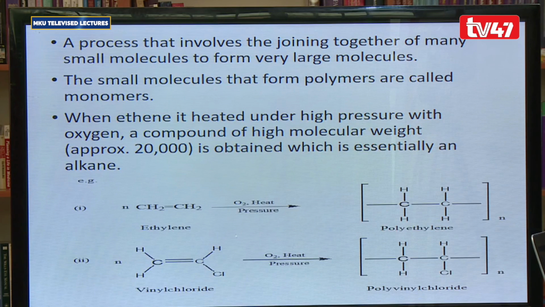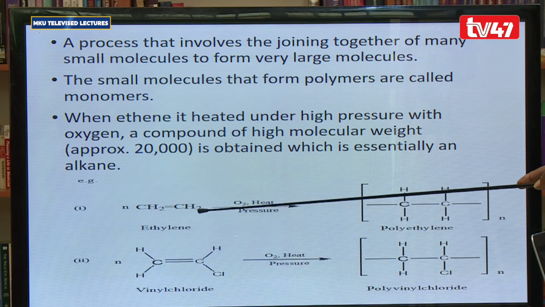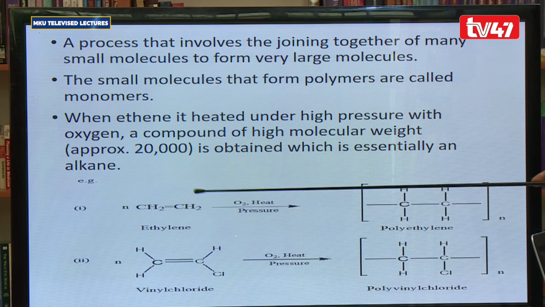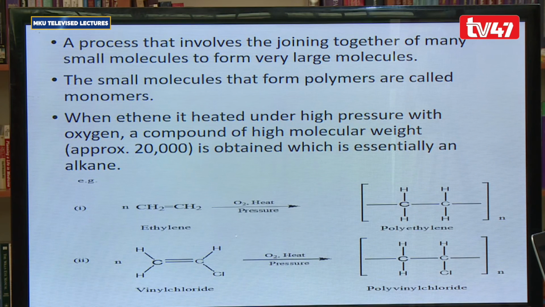Then we go to the process of polymerization. Polymerization is where small molecules like ethene react in the presence of a catalyst, so that many small molecules join to form very large molecules.